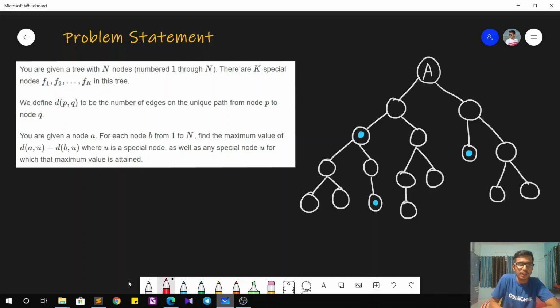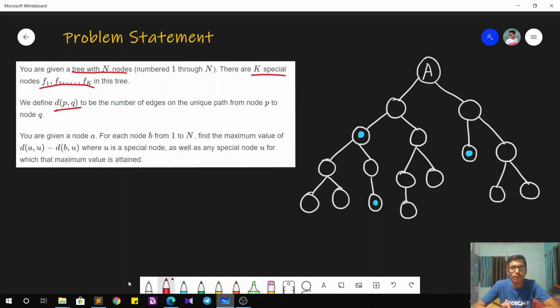We are given a tree with n nodes that are numbered from 1 to n, and also we are given k special nodes, that is f1, f2 up to fk. After giving this information, we are told that d(p, q) is nothing but the distance between two nodes p and q, and as it is a tree, the distance is always unique.